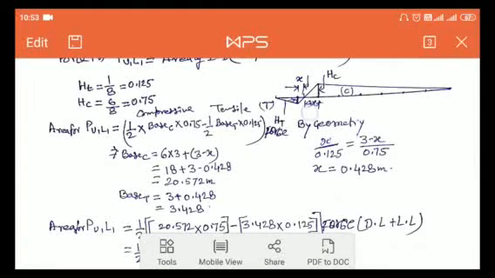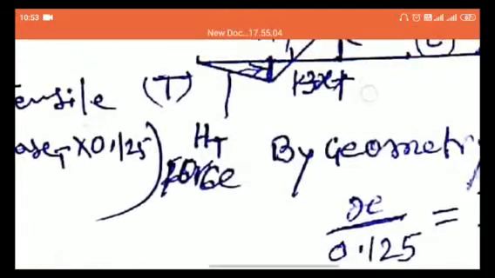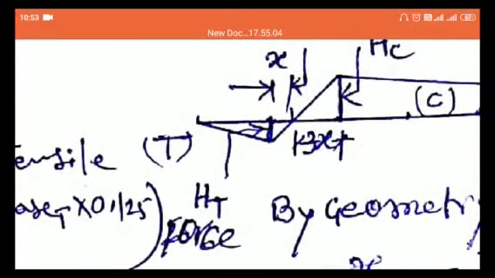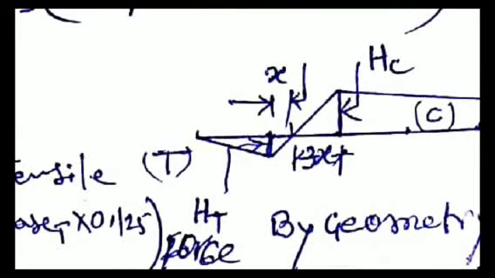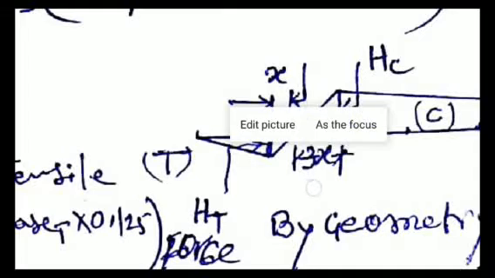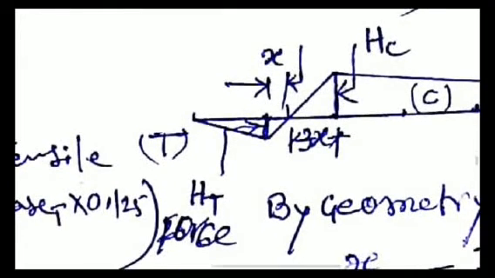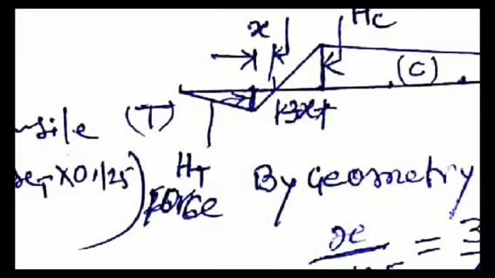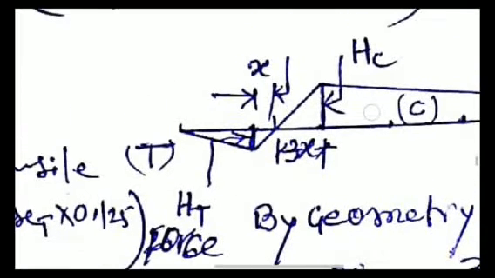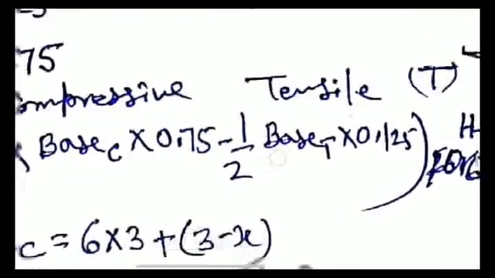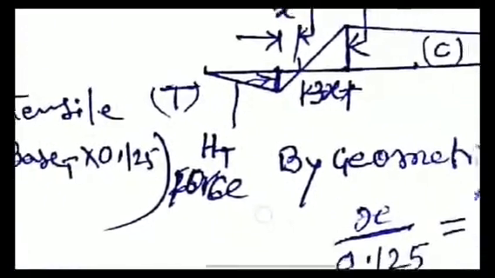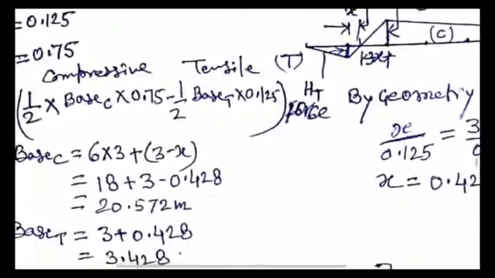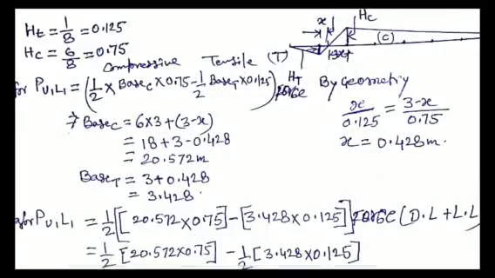So we have to find out this position X. Suppose this position X is from this support. Okay, so the remaining distance will be 3 minus X. Clear? So now we know these ordinates. This is 0.125 and this is 0.875, 0.75. Okay, so we can find these by the interpolation method.